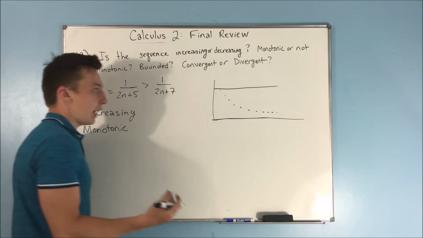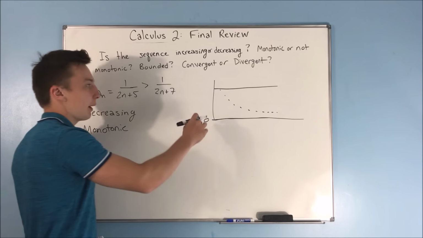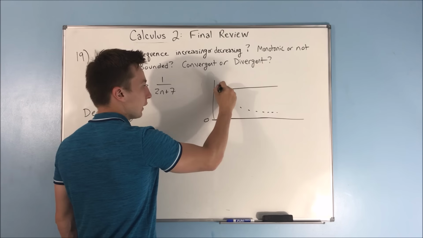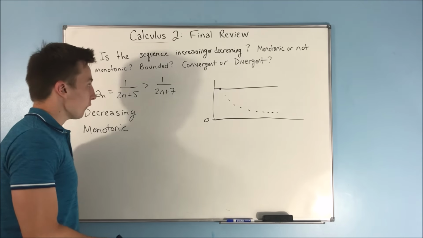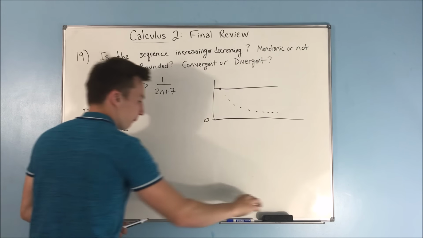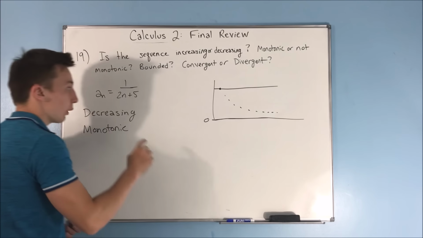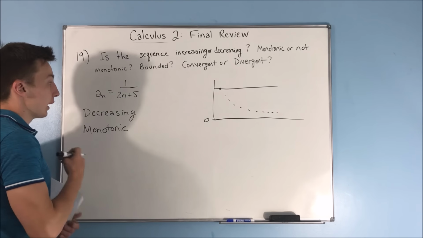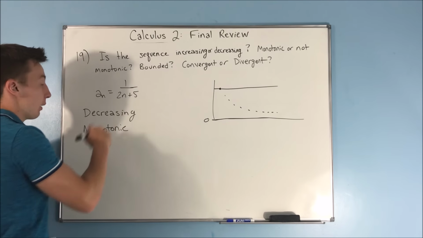Now what is it bounded by? Well, of course, it's bounded on the bottom by 0. But what is this top bound? Well, it's going to be the first point, where n equals 1. So if we have our sequence 1 over 2n plus 5, and we plug in a 1 for n, we will get what a sub 1 will be.